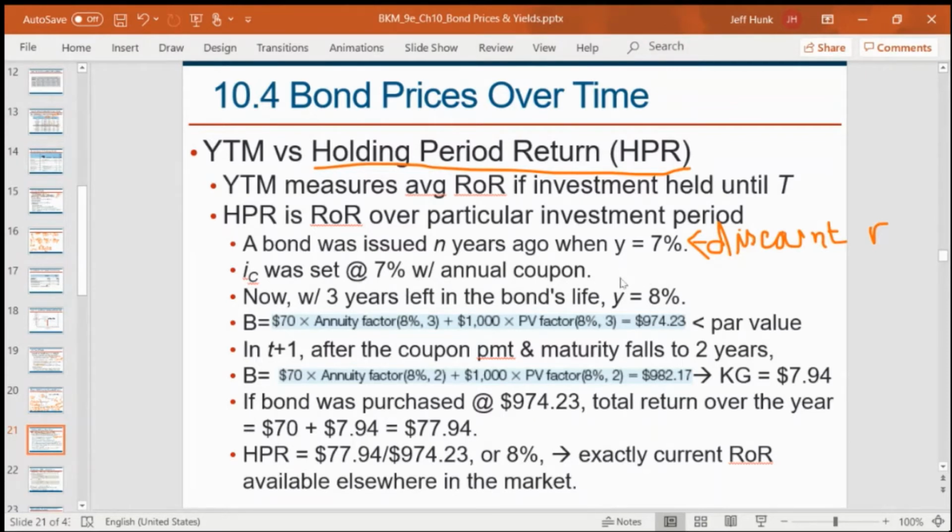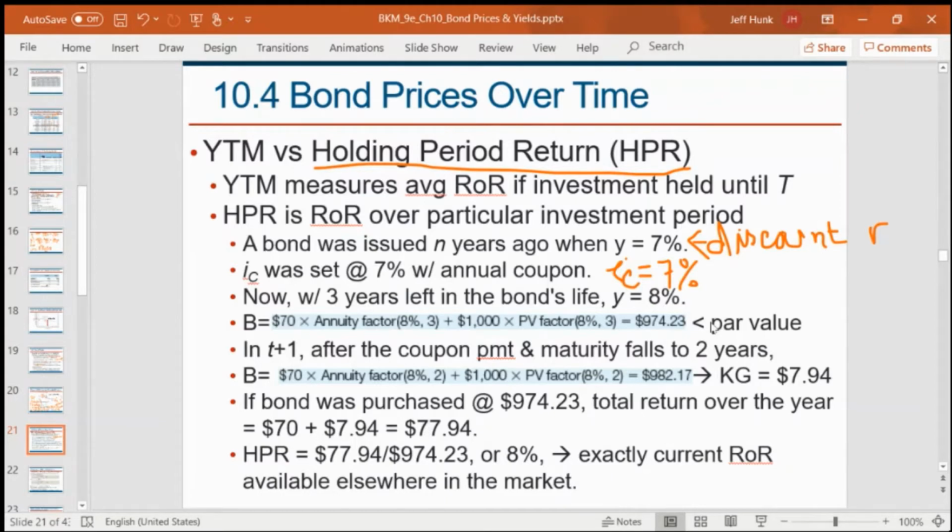So they were not paying semi-annual, but annual, right? So think about it. If the coupon rate is also 7%, what can you tell? What was the selling price? That was n years ago, but at the time when it was sold, the coupon rate was the same as the discount rate.